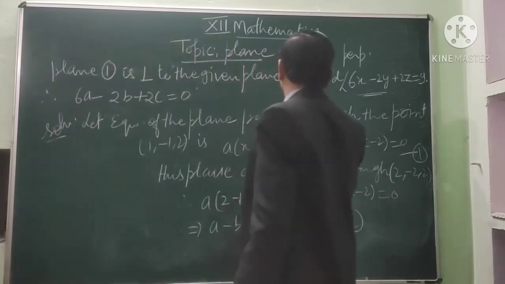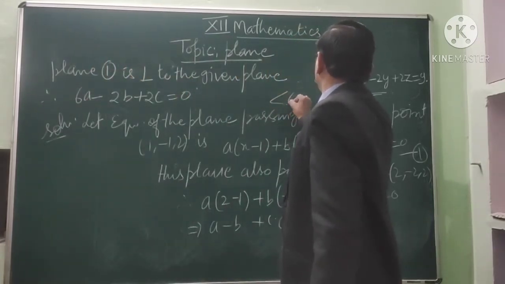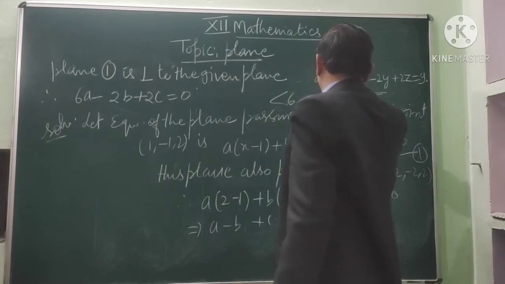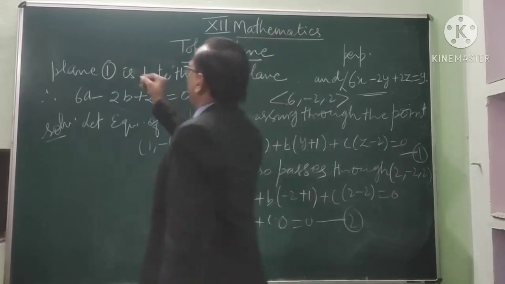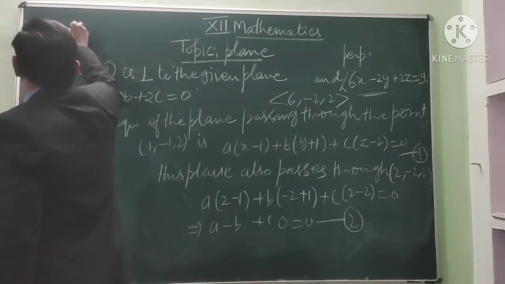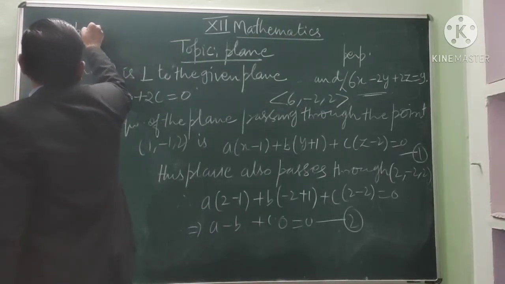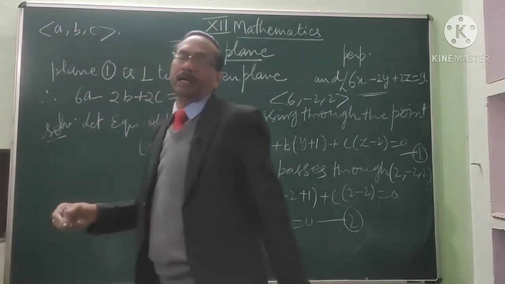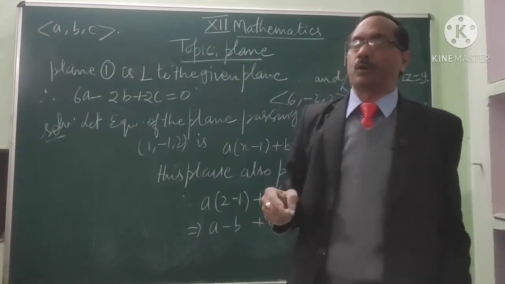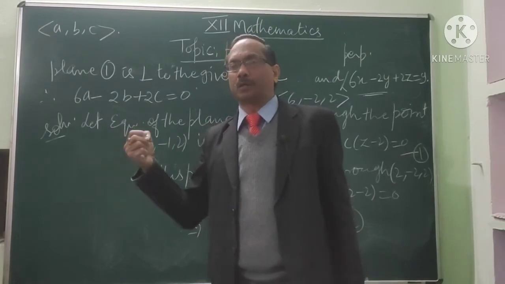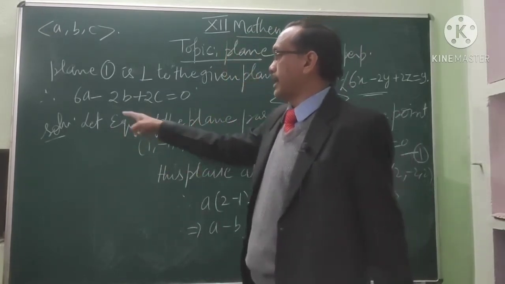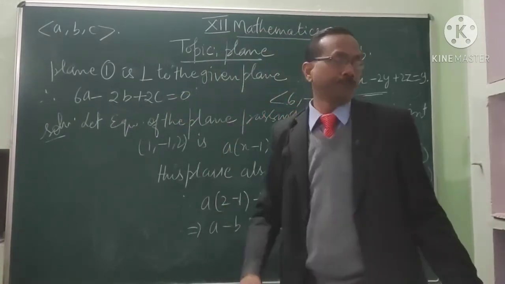The direction ratios of the given plane are 6, -2, 2 and the direction ratios of this plane are a, b, c. According to the condition, when two planes are perpendicular, then a1a2 + b1b2 + c1c2 = 0. From that condition, we will get this equation.